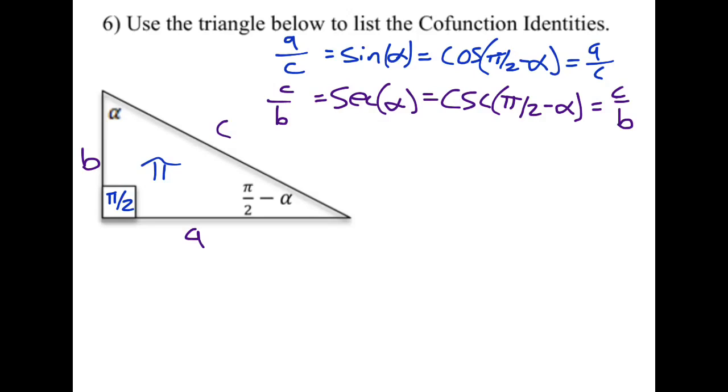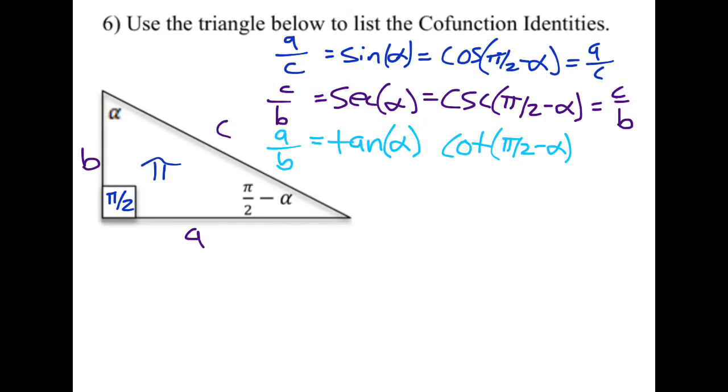And then finally, the last relationship, tan of alpha. Tan is opposite over adjacent, so from the angle alpha, the opposite is A, the adjacent is B. So now we get our A over B for tan. Compare that to cotan of the other angle, pi over 2 minus alpha. Cotan, if tan is opposite over adjacent, cotan is adjacent over opposite.